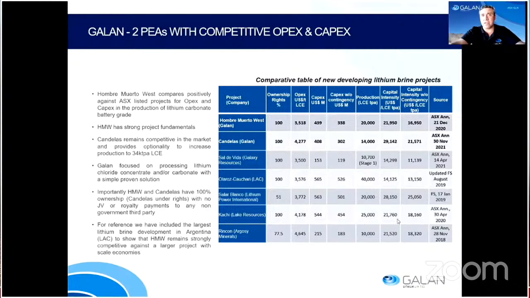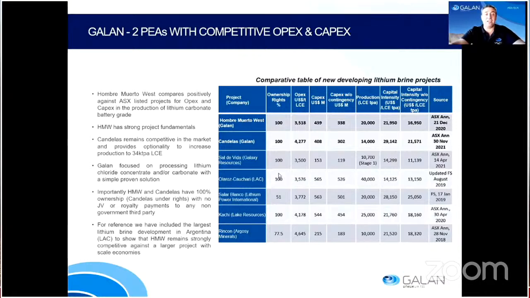So this is a comparison table that you can go through at your own leisure to compare where Galan sits. But the main point I'm going to make is on Hombre Muerto West versus Lithium Americas, the largest project today in Argentina, at 40,000 tons of LCE. Our OPEX is still relatively more competitive than theirs. The CAPEX, we know that we can improve and make more efficient. But this is what high grade and low impurities gives you: a head start in terms of cost.